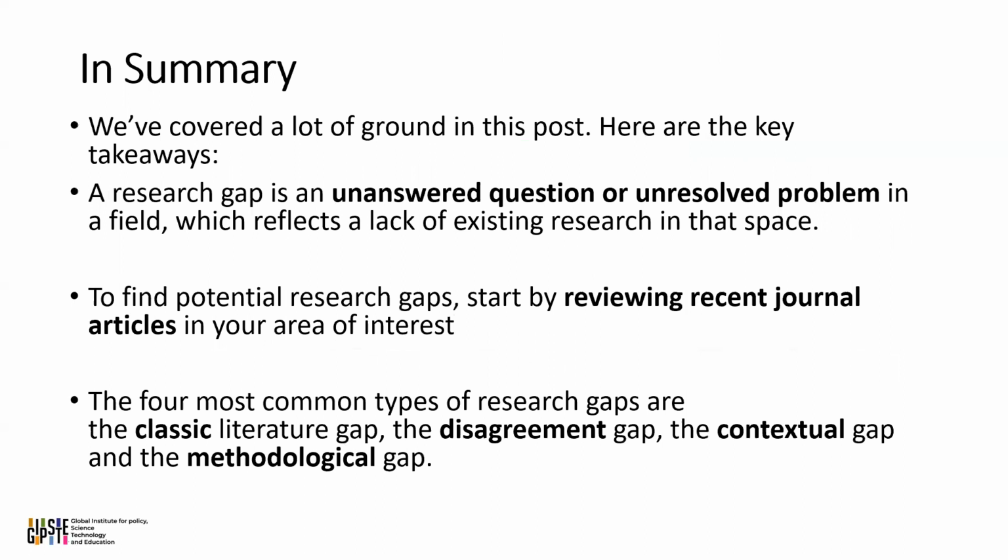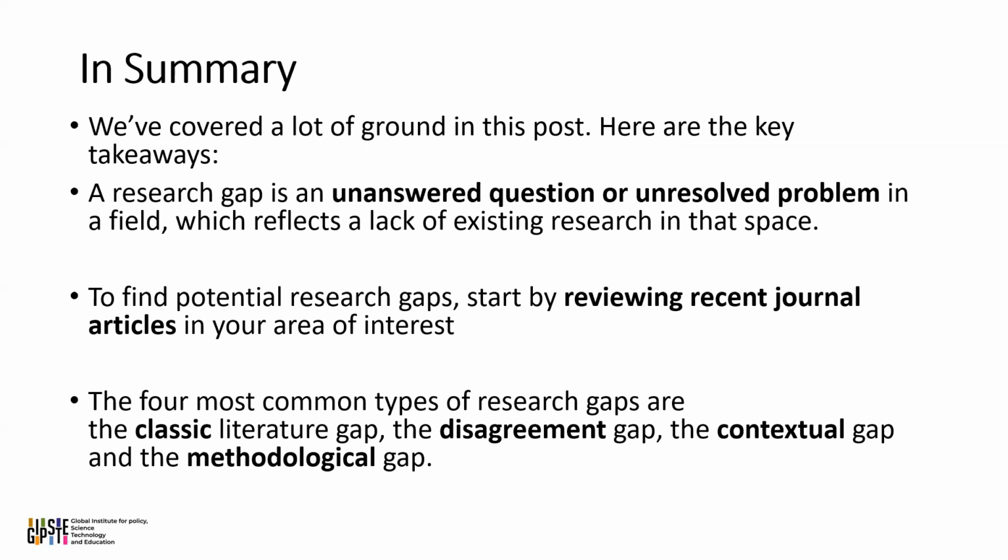All right, in summary, let's look at some of the key concepts or takeaways that one should take note of. One, a research gap is an unanswered question or unresolved problem in a field, which reflects a lack of persistent research in that space.